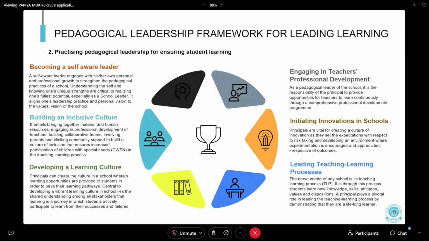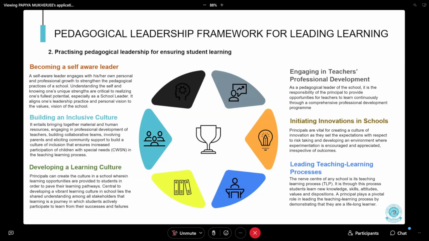Now, once you have become a self-aware leader, your leadership practice in the school, your personal vision will align with the values and vision of the school.